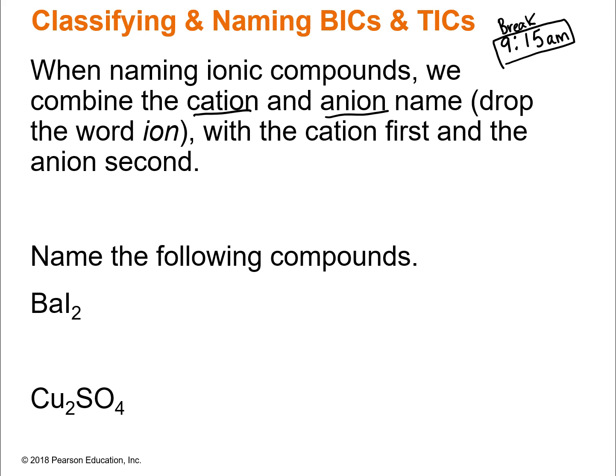So I'll show you how I name this first one. First thing you want to do is classify. So I see two elements, one metal plus one non-metal. So this has to be a binary ionic compound.